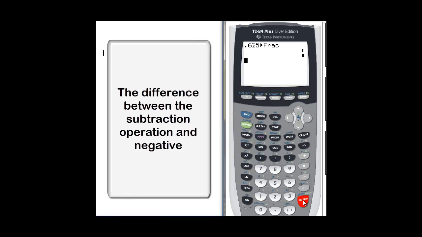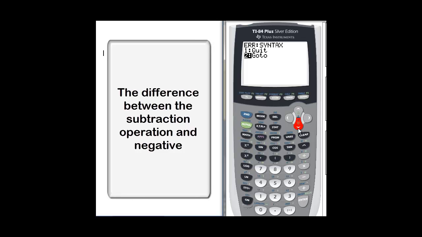One other thing that I would add is this key right here is to negate a number. It's to make a number negative, where this key is your subtraction operation. So if I wanted to find 6 minus 3, and I did 6 and used this key down here to go minus 3 and enter, it would give me an error.